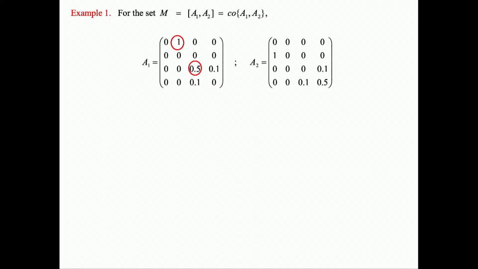Well, this is an elementary numerical example. We consider two matrices, 4 by 4. Both of them are non-negative. And we just change the position of two elements. One element is 1, the second element on the diagonal is 1/2. And we shift the one a bit to the left down, and we shift the diagonal element to the right down. Nothing else changes. We just change the location of two elements, and we consider the matrix segment, the convex hull of these two matrices.